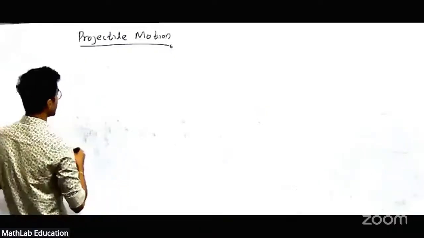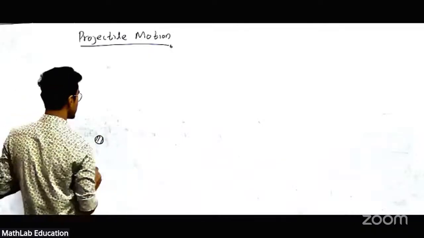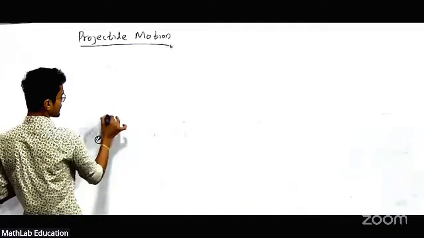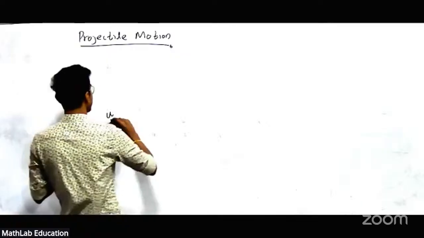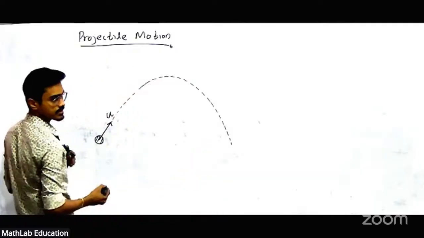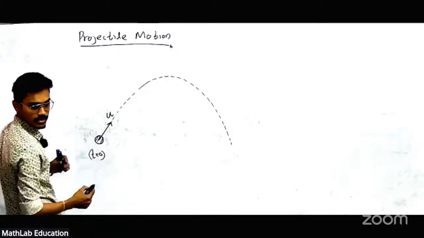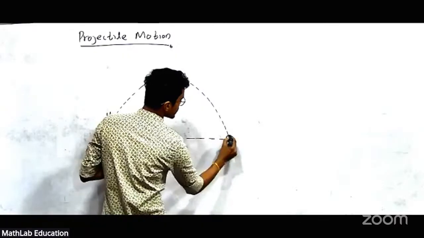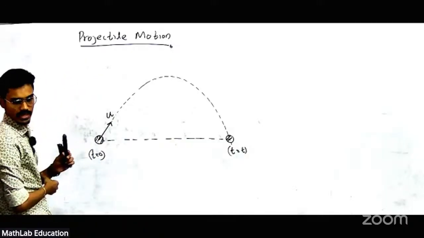I'm going to assume this object and throw it with an inclined velocity u, and it's going to follow this kind of path in its motion. Let's say this is my t equals 0, where the motion starts. And again on the ground here, this is where the motion stops, let's say t equals t. That is where the motion is completed.